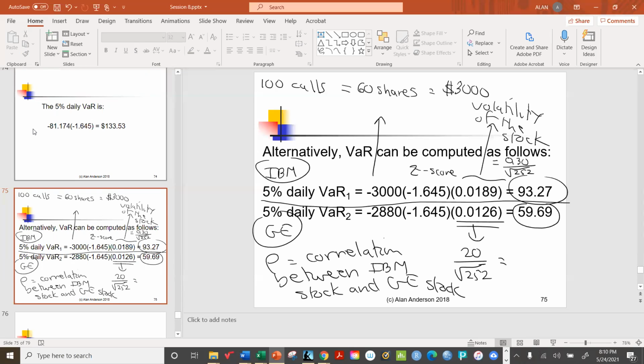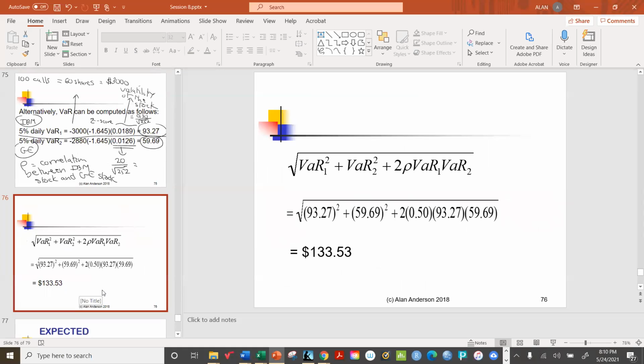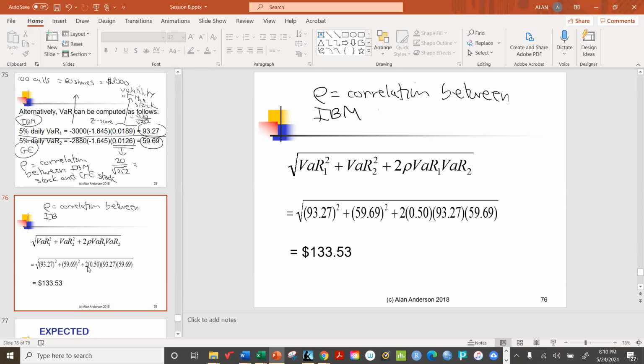So therefore, using the method we had earlier, if we assume that the correlation is 0.5 between IBM stock, not the options, IBM stock and GE stock, then we can plug that into our formula, along with the two VARs that we just calculated.